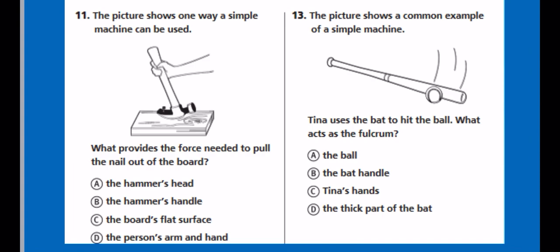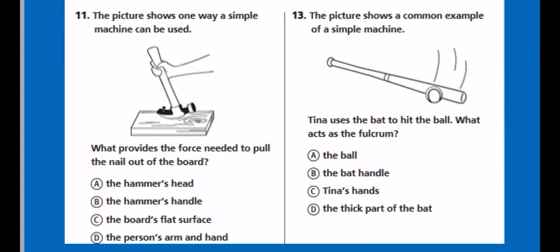So you are using this hammer to take off the nail which was inside the board. Now, what provides the force needed to pull the nail out? How are you pulling the nail out of the board using this hammer?